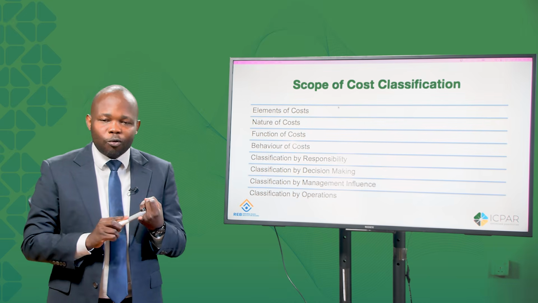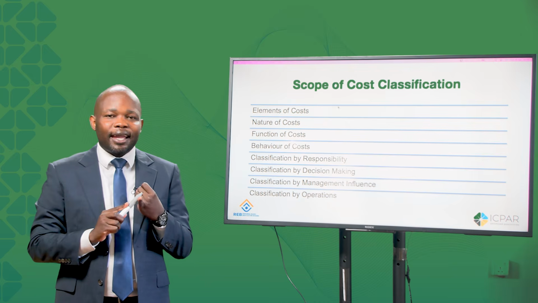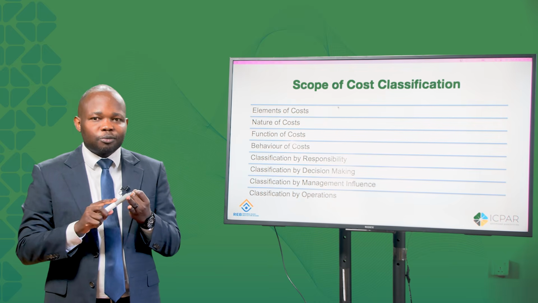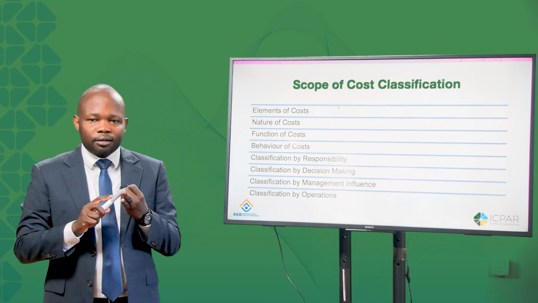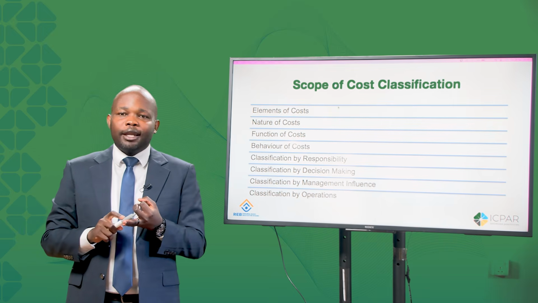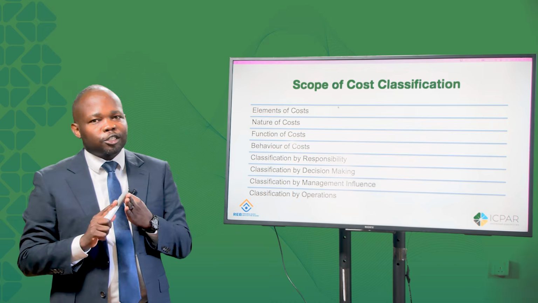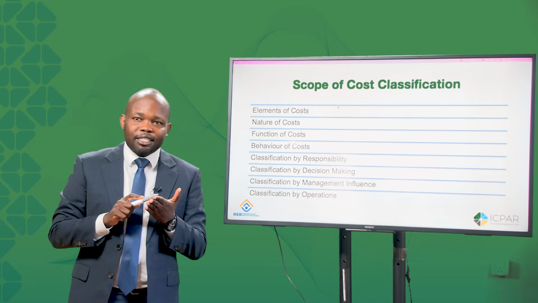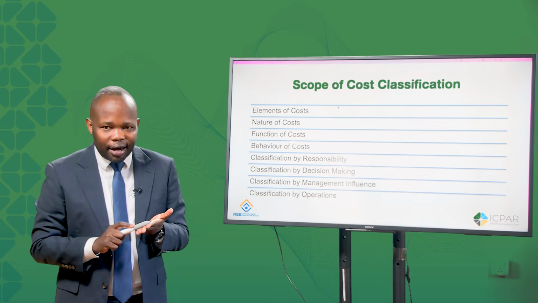Number 1, we can classify costs by their elements. Number 2, we can classify costs by their nature. Number 3, we can classify costs by their function. Number 4, costs can be classified by their behavior.